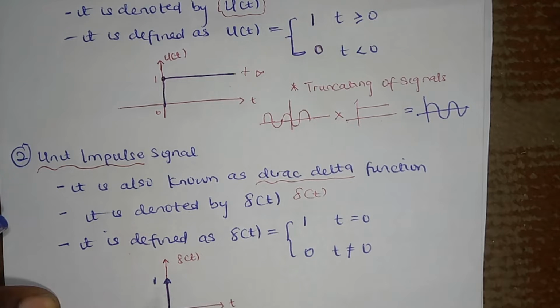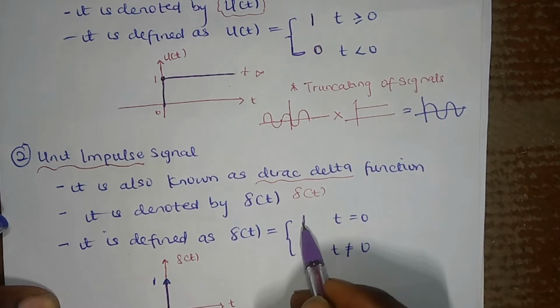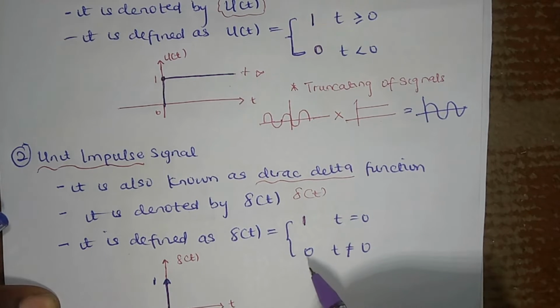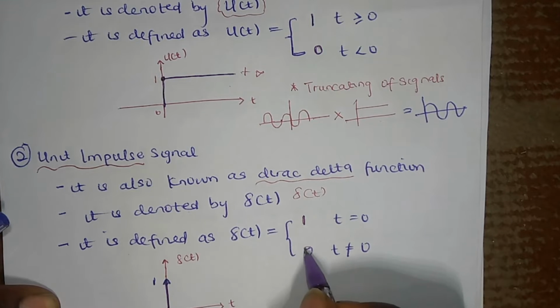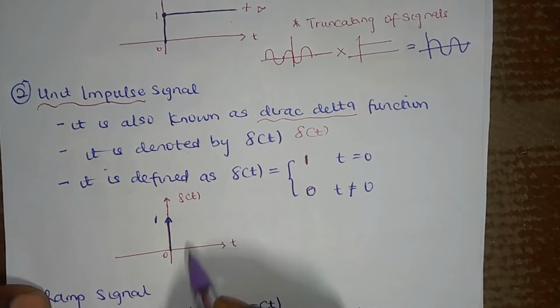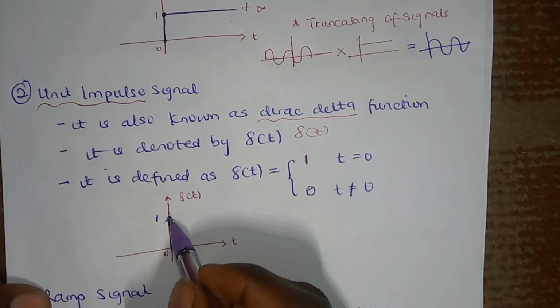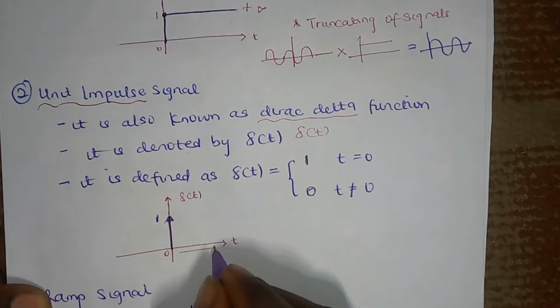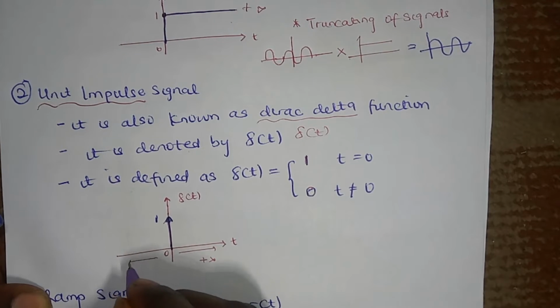Now, this signal is defined for one thing. It has a magnitude of 1, and the magnitude of 1 only exists at the origin, t equal to 0, and it has a value of 0 elsewhere. So meaning that at the origin, we have a magnitude of 1, and everywhere else, both on the positive and the negative axis, it does not have a value.